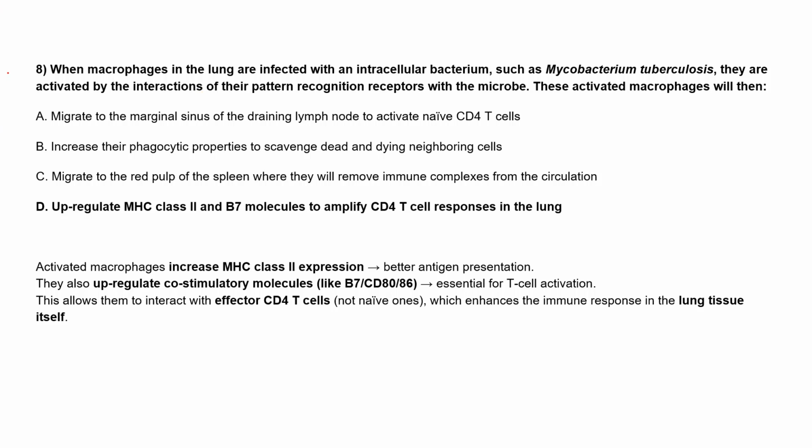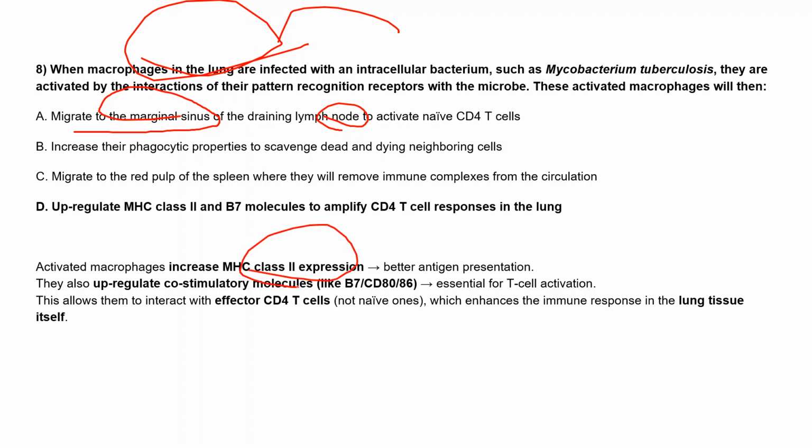So you mentioned the option to migrate to the marginal sinus of the lymph node to activate naive CD4 T cells. These activated macrophages increase their MHC2 expression first. They will not migrate to the marginal sinus of the lymph node, because instead they will increase the MHC molecule expression, so they go for better antigen presentation.